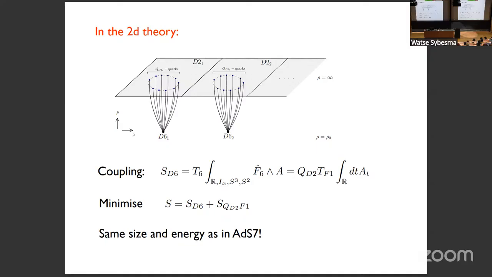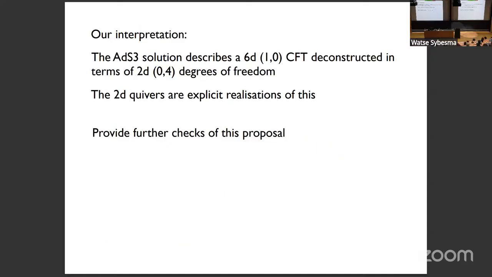The same thing happened for the giant graviton configurations that we constructed. So we ended up proposing an interpretation of these solutions in terms of the constructed 6D (1,0) CFTs. We are still working on this because we want to make the calculation of the central charge more precise, but it could be that we are deconstructing these theories in terms of 2D, (0,4) degrees of freedom.